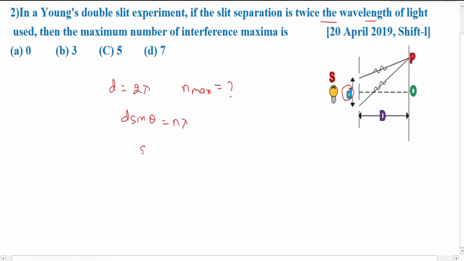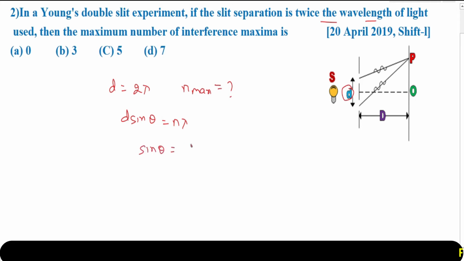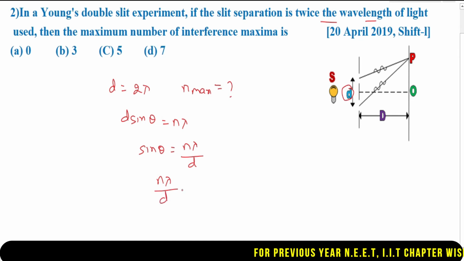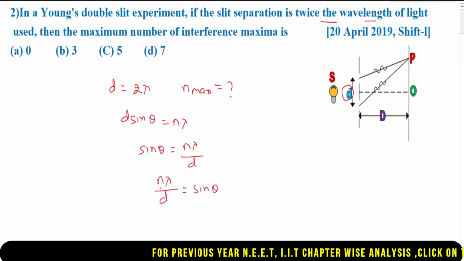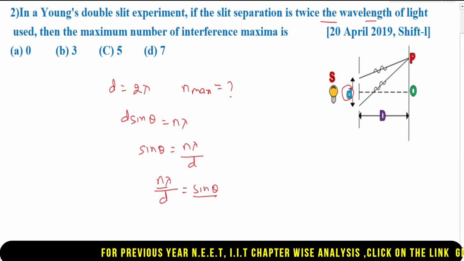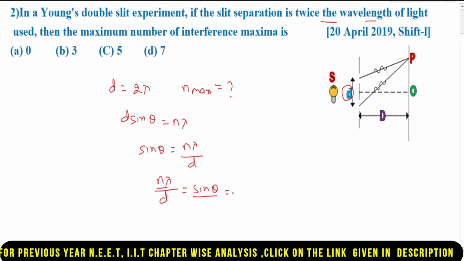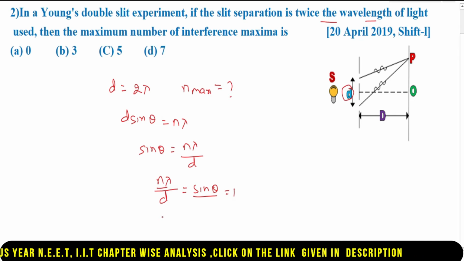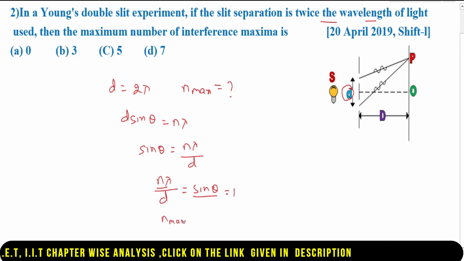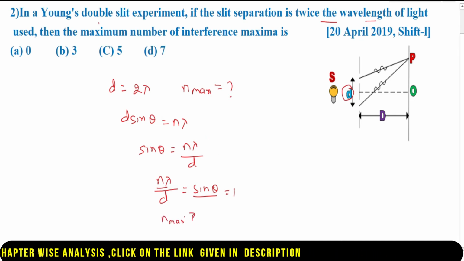Then sin theta is equal to n lambda by d, or n lambda by d is equal to sin theta. Now for n to be maximum, sin theta should be maximum, and we know that the maximum value of sin theta is 1.